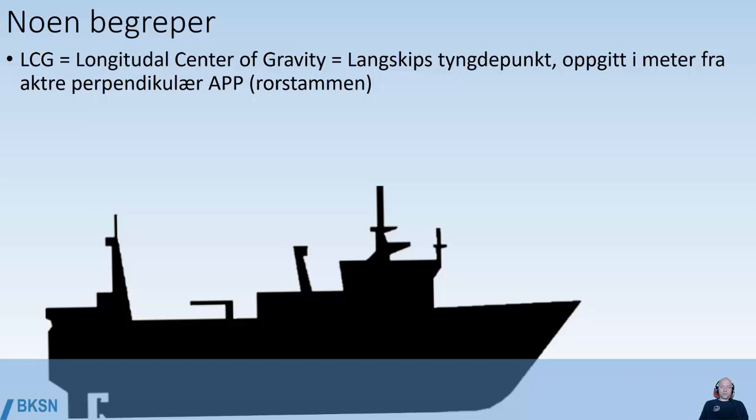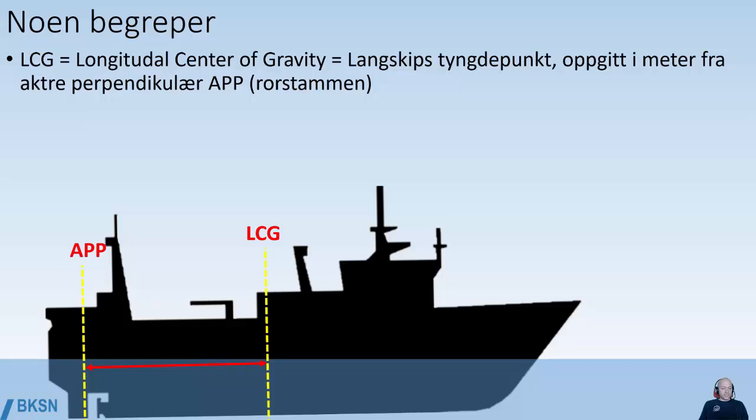LCG, longitudinal center of gravity, for most vessels is measured in meters from the aft perpendicular, and the aft perpendicular is typically the rudder shaft. This is not the case for all vessels, as we shall see.